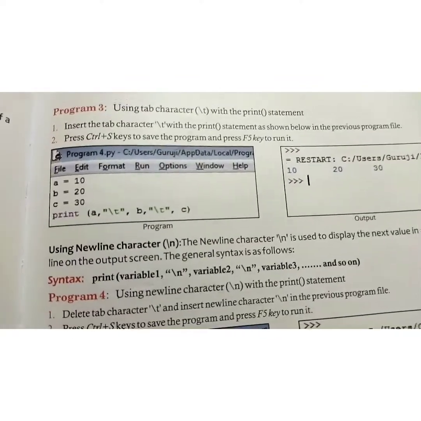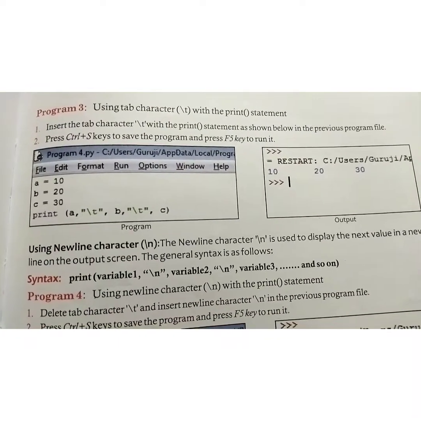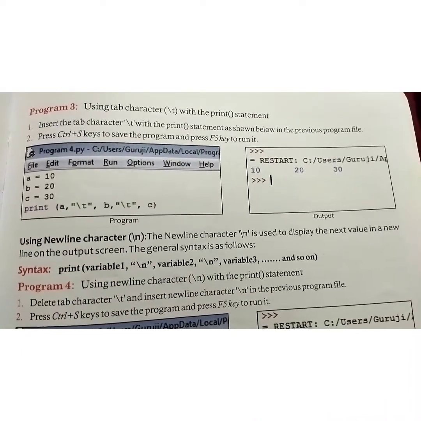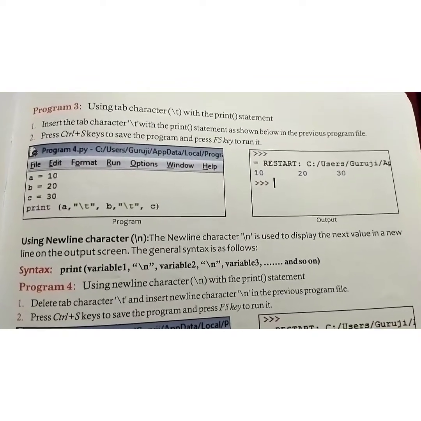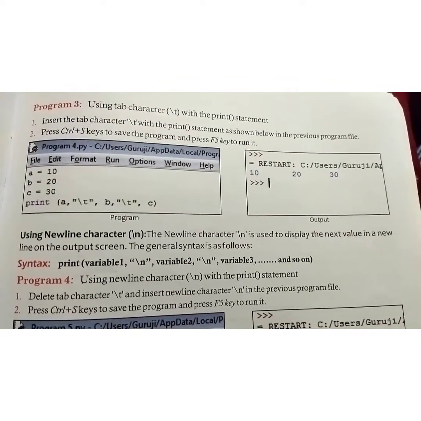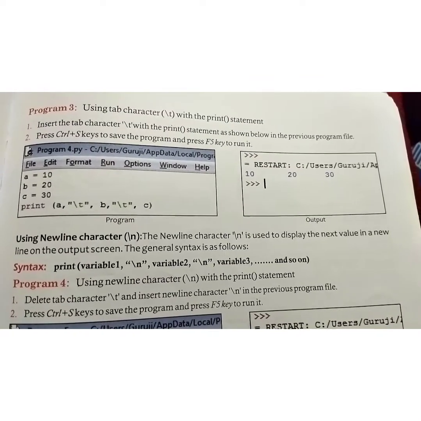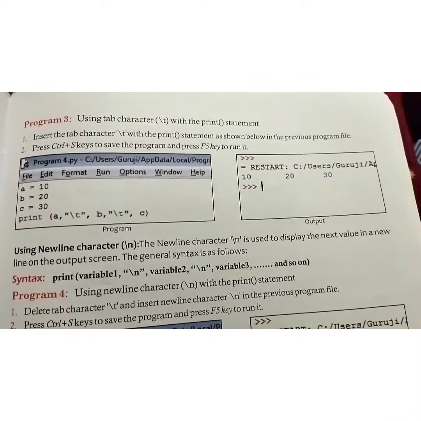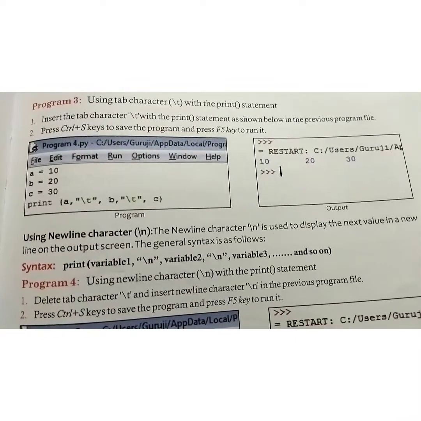Okay, next student, program number 3, using the tab character \t with the print statement. First of all, insert the tab characters \t in the print statement as shown below in the previous program file, same as it is. Now see this program: A equal 10, B 20, C 30, and print A comma \t, B \t and C. After you save this program with Ctrl+S and run it using the F5 key, what's the output?